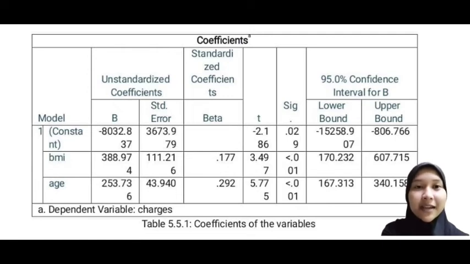The value of age is 292, which is 115 higher than the value of BMI, which is 177.7.